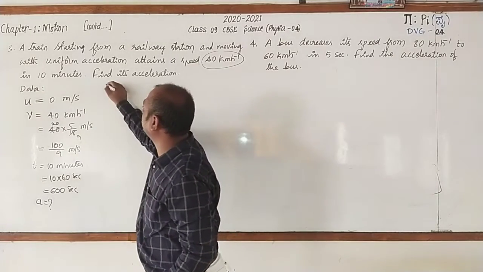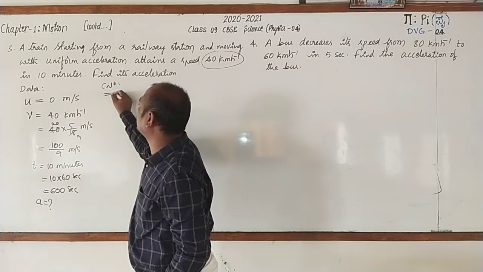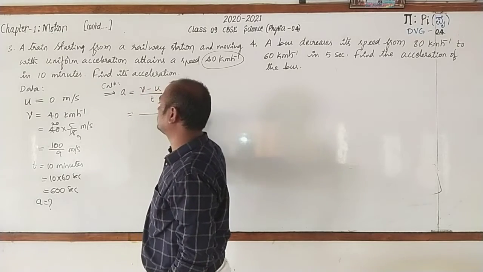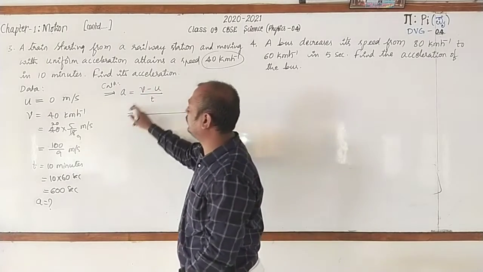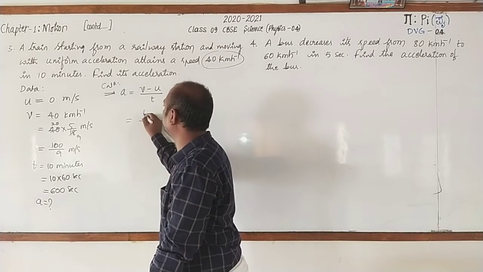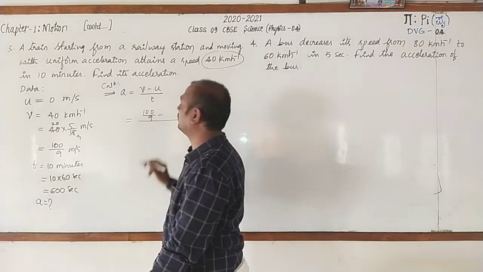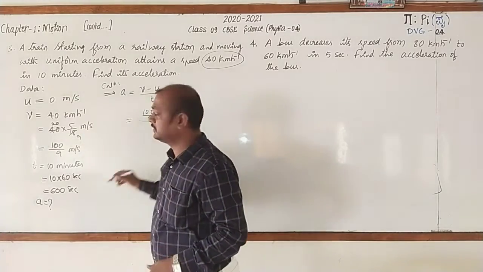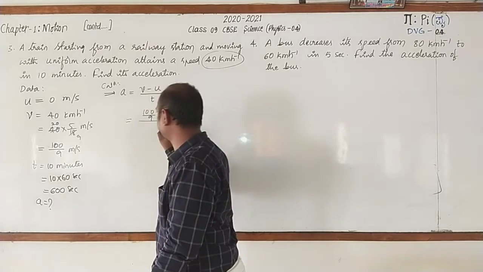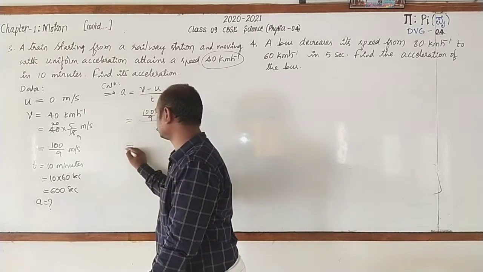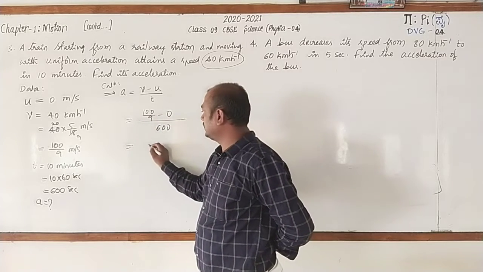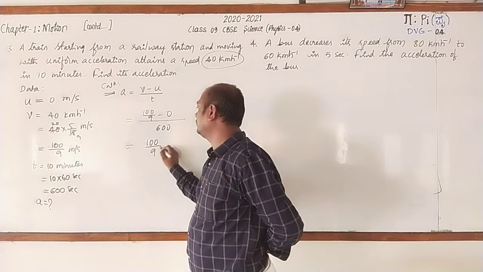Let me go for writing the formula. What is the acceleration formula? a equal to v minus u by t. Substitute. What is v? v is 100 by 9. Then minus, what is the initial velocity? It is 0. Now divided by time, 600. Now 100 by 9 minus 0 is 100 by 9 only.